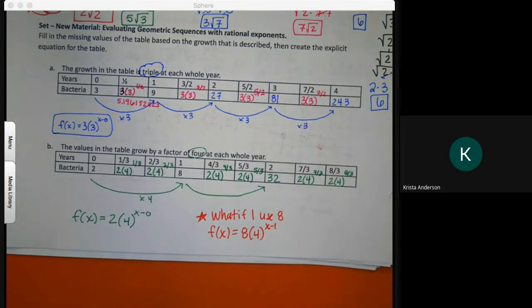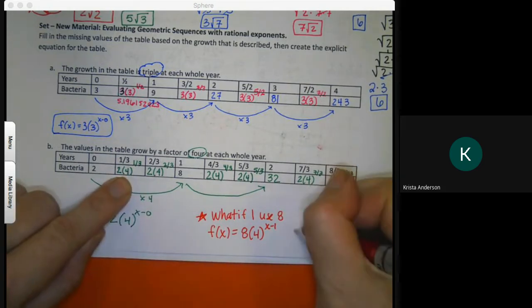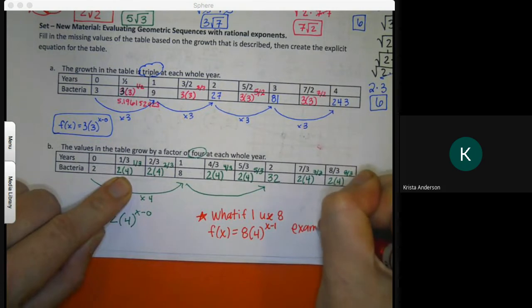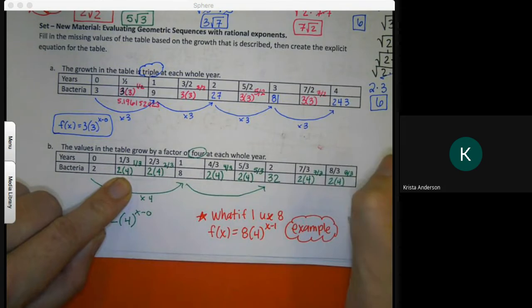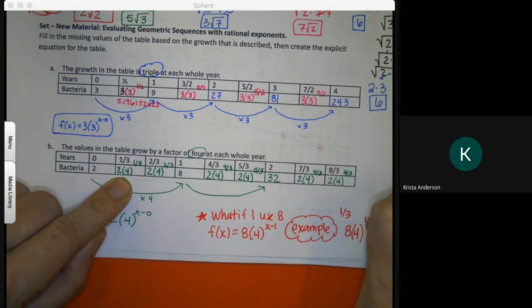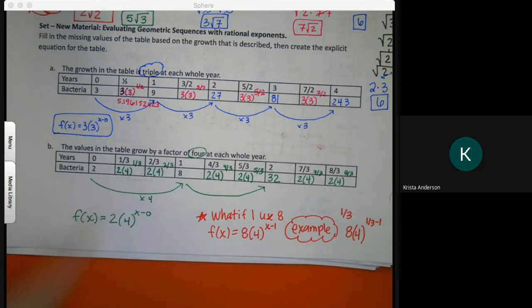So the only thing you would change is in your power. If I had 1/3, I would write 8 times 4 to the power of 1/3 minus 1 in the power. And then I would submit.